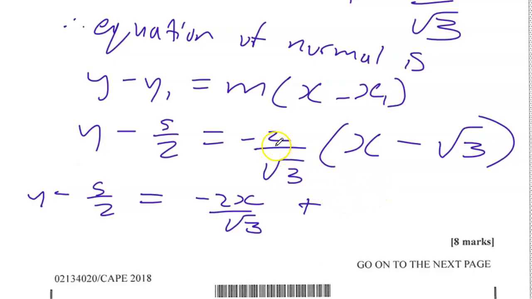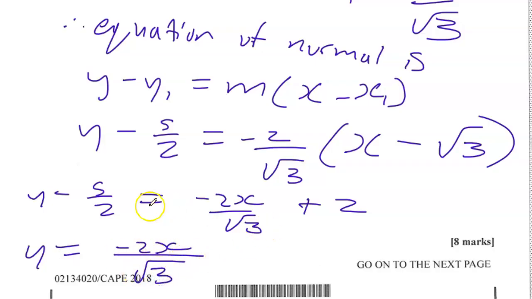Expand, we get positive 2, which means that y is equal to negative 2x upon root 3 plus 2 plus 5 over 2. That's what now? 9 over 2. So this is the equation of our normal.